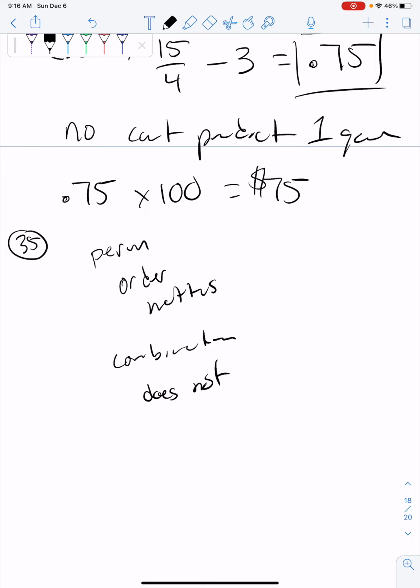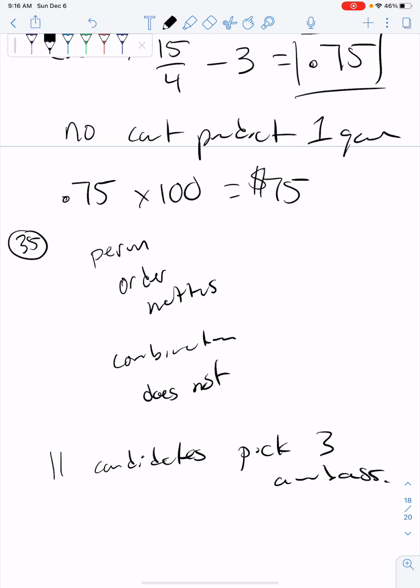So on number 35, it says the president must assign ambassadors to 3 different foreign embassies. If there are 11 candidates, so I have 11 candidates, and I need to pick 3 ambassadors. How many different diplomatic teams can she form?